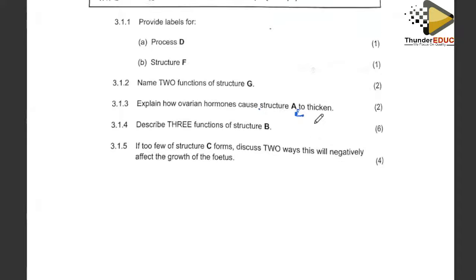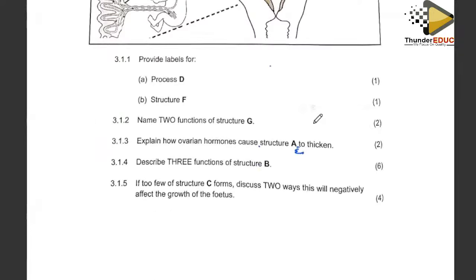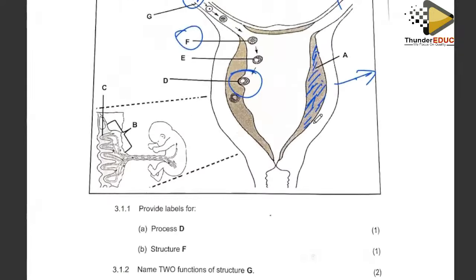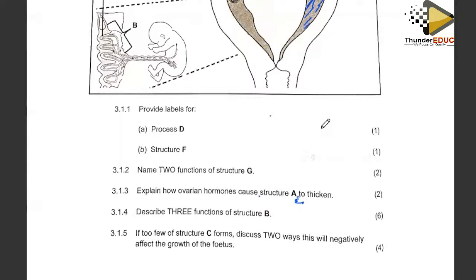Describe 3 functions of structure B. What is structure B? Structure B is the placenta. This one is very important for anything you do. Nutrition, gaseous exchange, excretion, removal of waste products, endocrine, that is production of hormones, and protection, prevention of pathogens. But they're saying describe 3. So you tell us nutrition, how? By allowing nutrients to diffuse from the mother to the fetus.